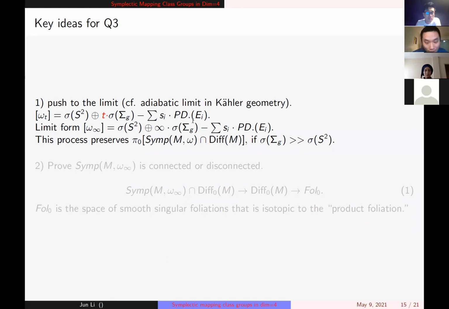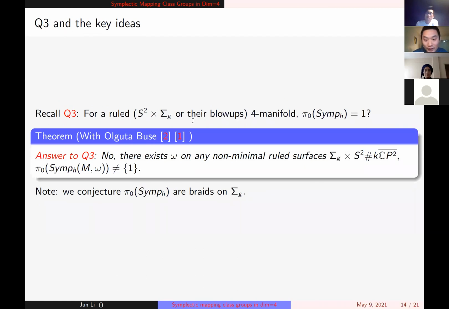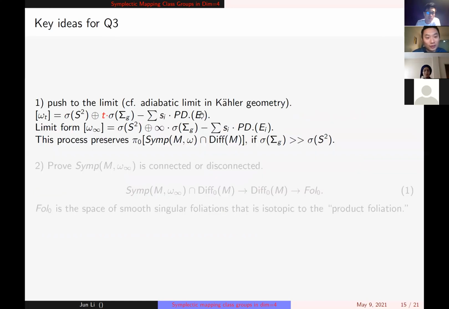Firstly, we take a blow up of Sigma_g cross S2. And then we are not going to directly study the mapping classes on that manifold. Instead, we are going to change our symplectic form in a family.